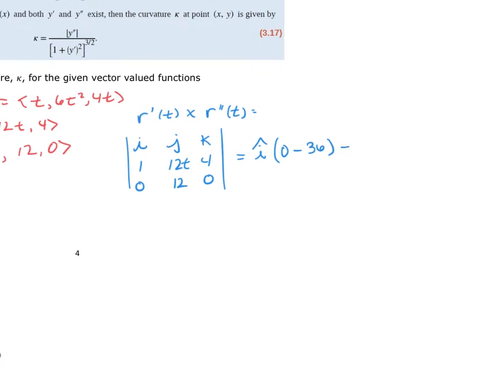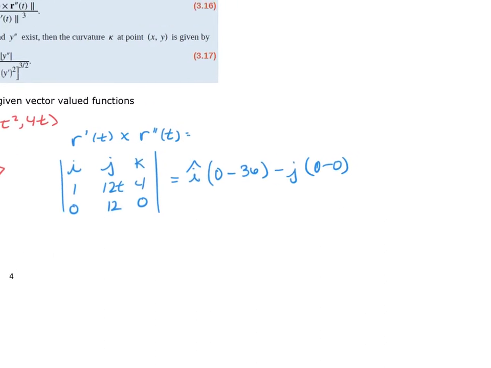And then plus, or excuse me, minus, because they're in the j. And then the j is going to be 0 minus 0. Oh, that's kind of nice. And then plus k hat. Don't lose my hats. I have 12 times 1, and then minus 0.